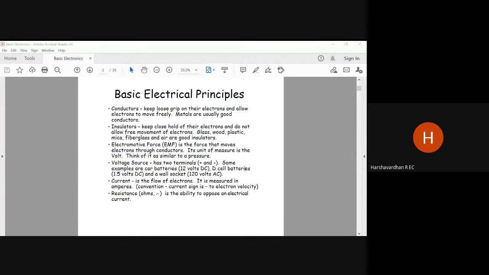Sir, if we adjust the valve, we control the flow of water. So that is what the resistance means, sir. By adjusting the valve, we adjust the flow of electron. Okay, good attempt. Anybody else? Even more basic.